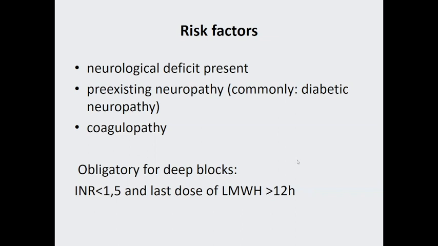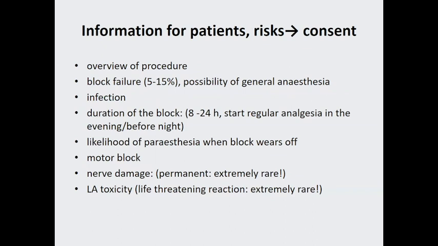So 12 hours must have passed since the last dose of low molecular weight heparin, and then we can perform deep blocks. With superficial blocks, it's not such a problem.